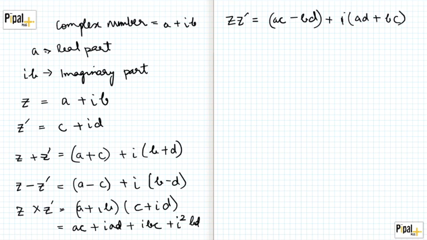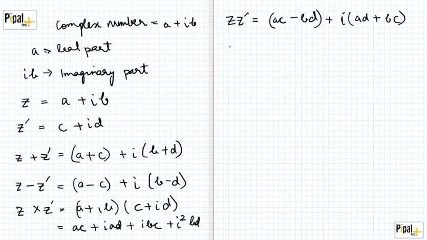So the complex number we get as the product of two complex numbers has real into real minus imaginary into imaginary as the real part, plus iota times real into imaginary plus imaginary into real. So this is how we compute the product of two complex numbers.